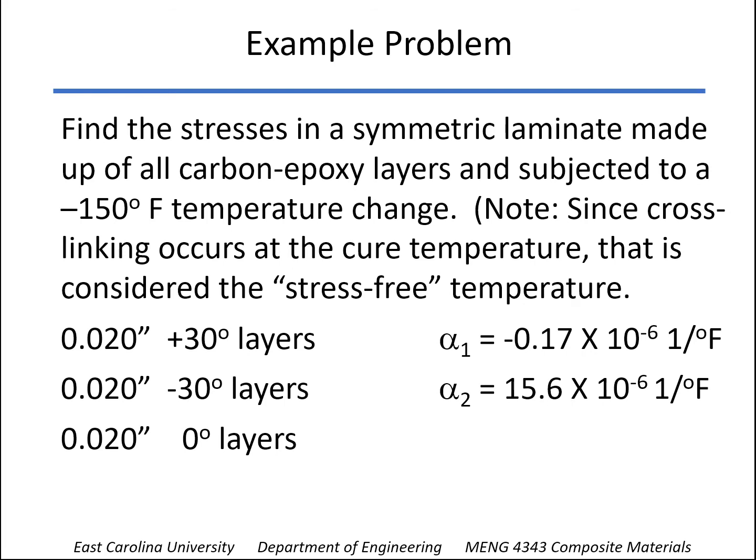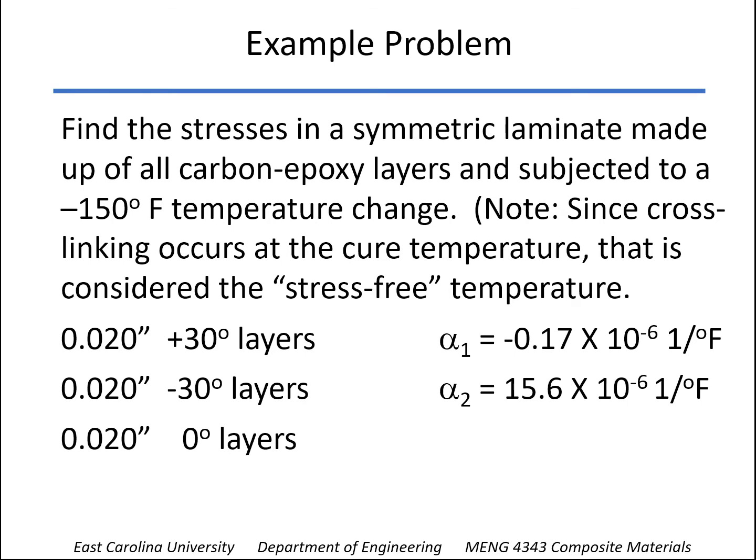try to calculate here. Alpha 1 and alpha 2 are the values for carbon epoxy that are in the summary pages. And you'll notice alpha 1's very small, and in some references it's slightly positive, others I've used one that's slightly negative. But in any case, it's very, very small, 0.17 times 10 to the minus 6.